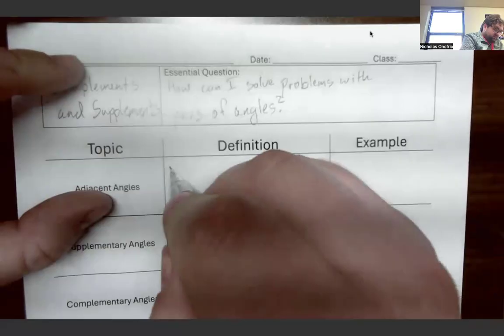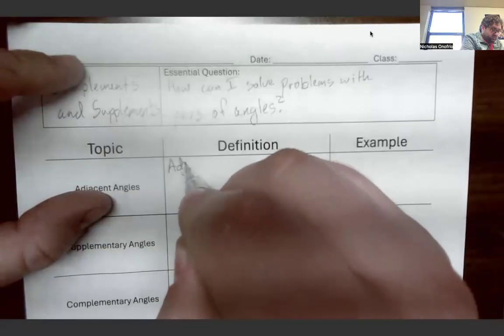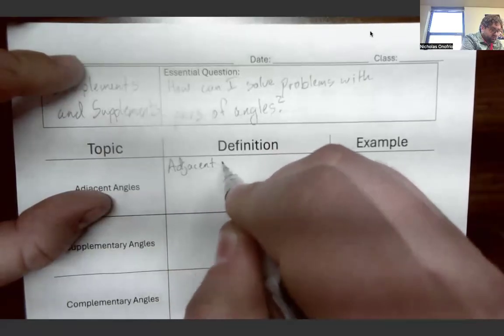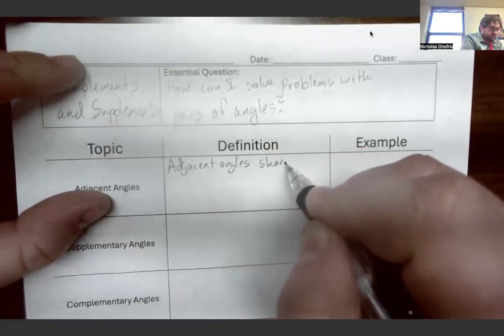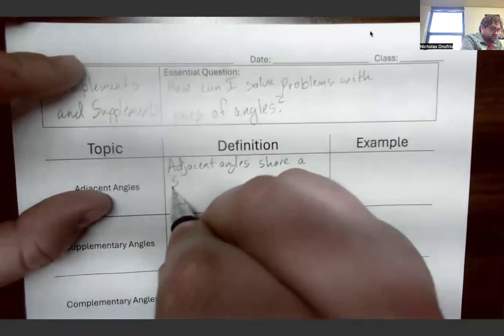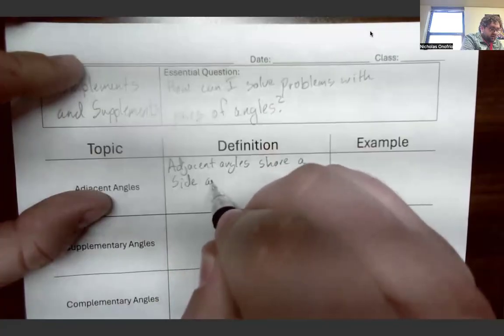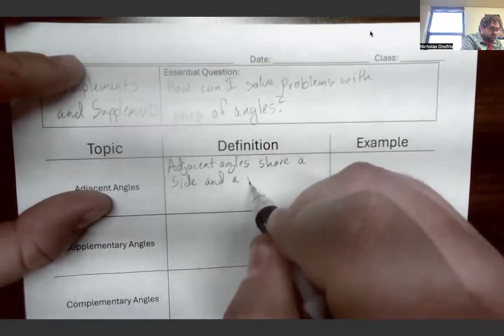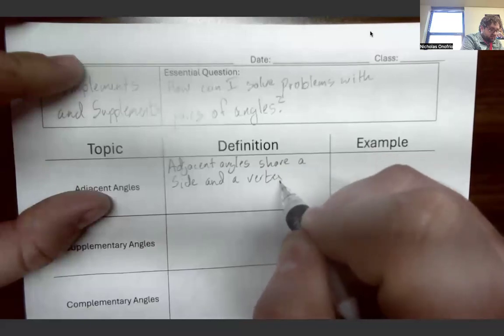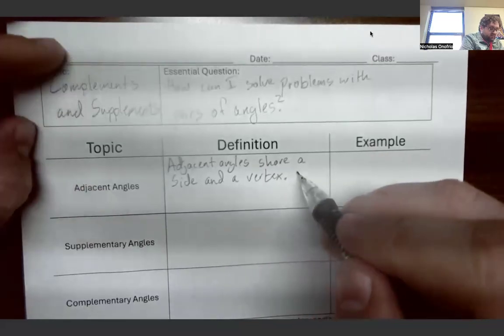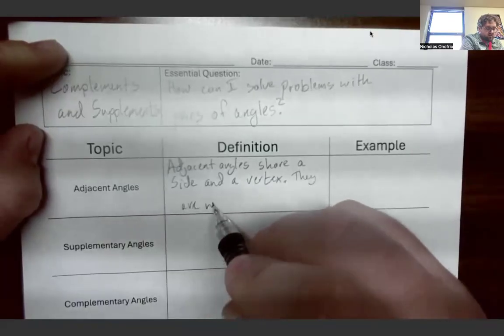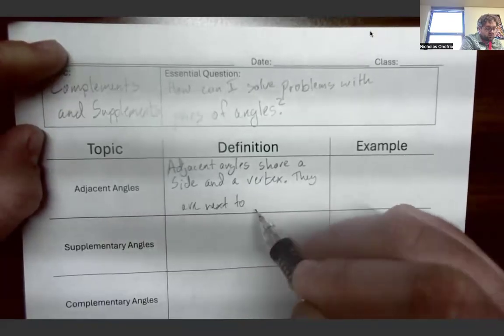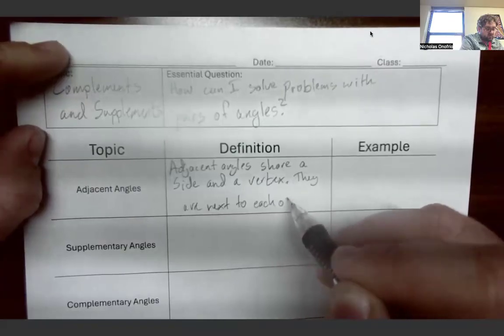As a reminder, adjacent angles share a side and a vertex. We say that they are next to each other.